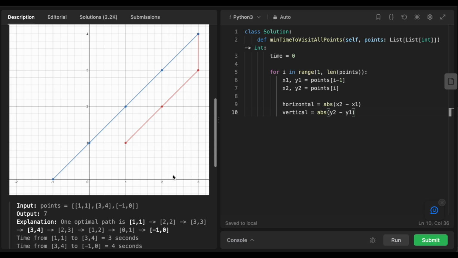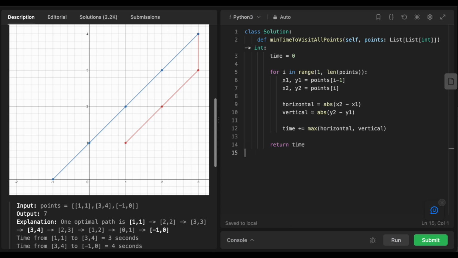So vertical distance is, in this case, 1 versus 4. So we're starting here and we're getting to 4, that's 1, 2, 3. And remember, we're adding to time whatever is the maximum of moving sideways or moving vertically. And once we have that, we return time.